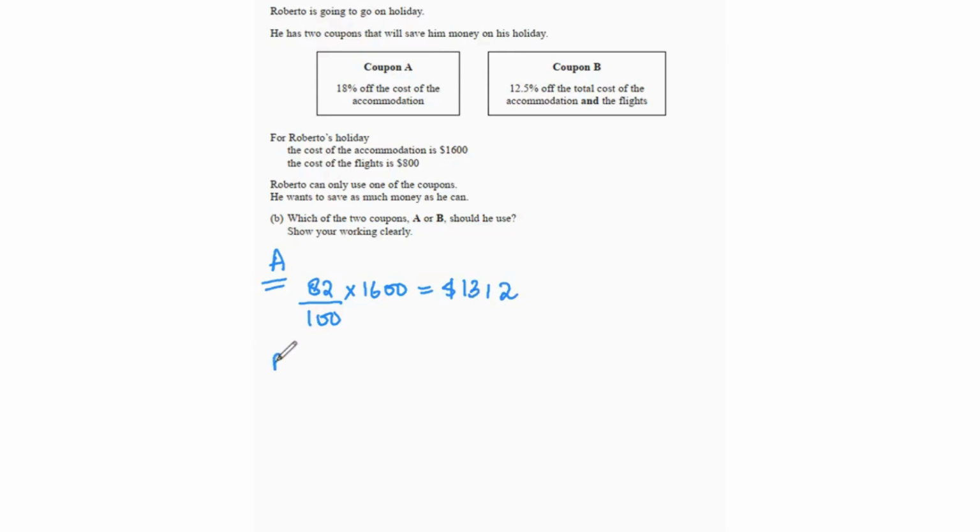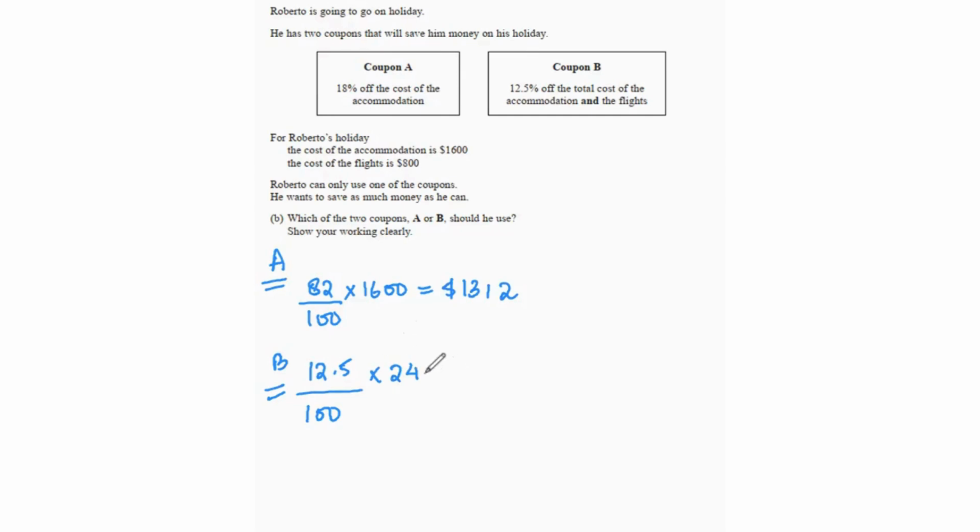Now for coupon B, he's getting 12.5% off the total cost of the accommodation and the flights. So 12.5 over 100 times the total cost of accommodation and flights. So that's 1600 plus 800, which gives us 2400.